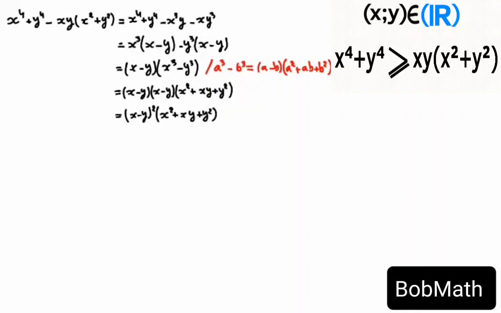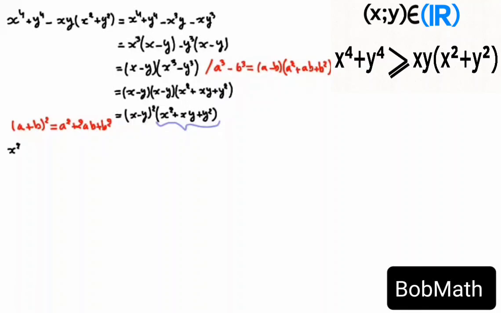The number (x minus y) all square is positive, so we will study the sign of the number x square plus xy plus y square. And we have (a plus b) all square equals a square plus 2ab plus b square. Now we will apply this property in this example.